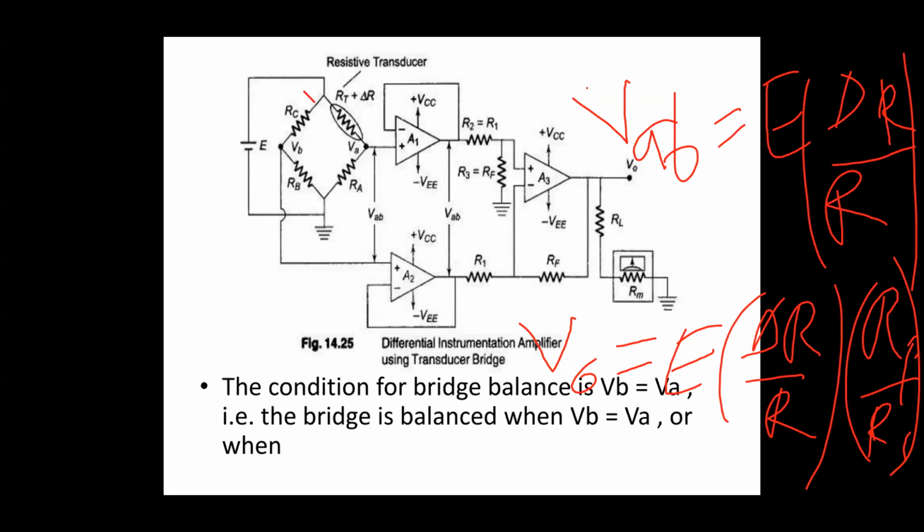When no force or weight is applied, the bridge is balanced. When force is applied, RT1 and RT3 increase and RT2 and RT4 decrease, and how much weight or force is applied will be indicated on this meter. So the expression is V0 equal to E into delta R by R into the gain of the instrumentation amplifier, RF divided by R1.